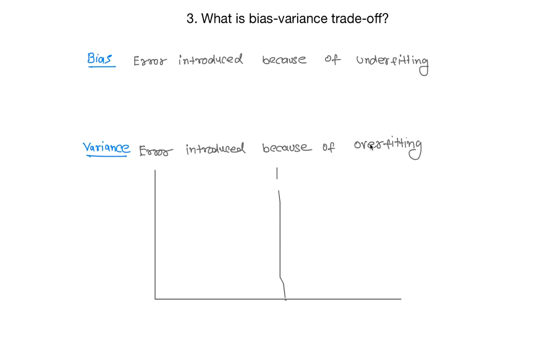Let's say this is the sweet spot, and you get the error kind of like this, and let's say you have here the model complexity, and this axis is representing the error, and then you have here the bias.